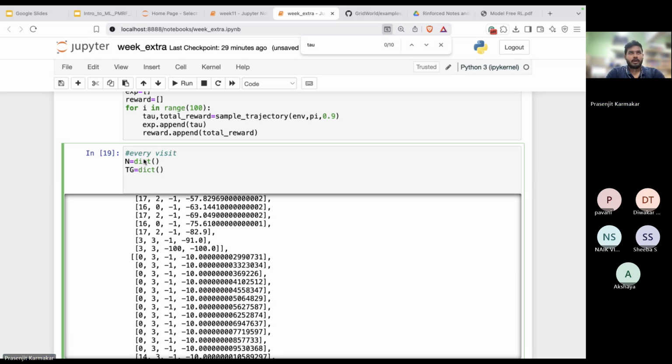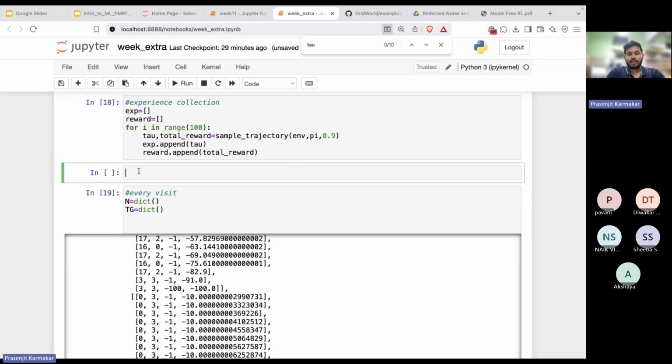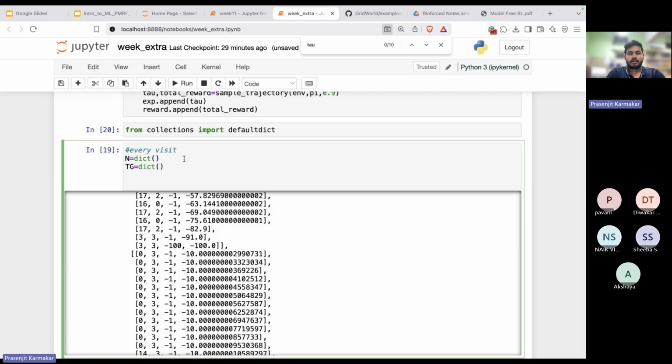Now I have to keep on tracking. These should be default dictionaries. There is a concept of default dictionaries from collections, import defaultdict. If you don't have a particular value, I will be doing N equal to N plus 1 whenever I visit something, so that N value should already exist. To dynamically adapt to every state, I have to initialize that default dictionary.